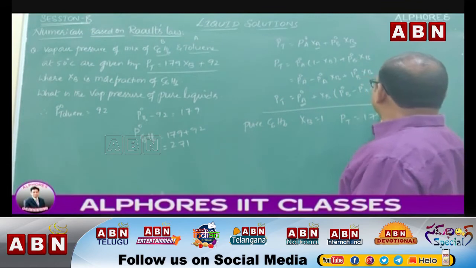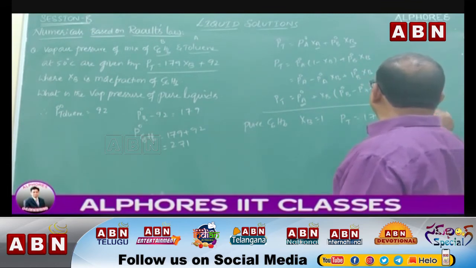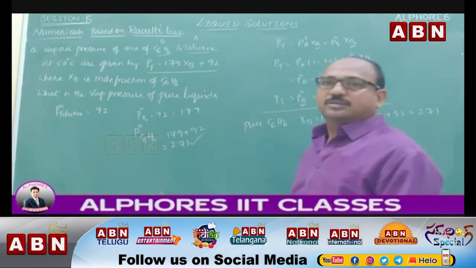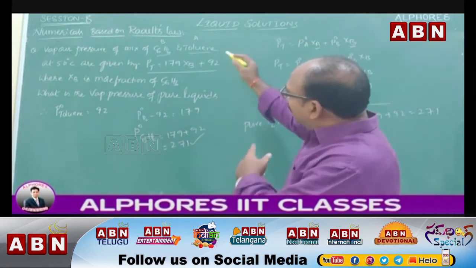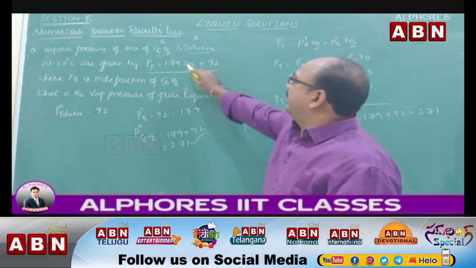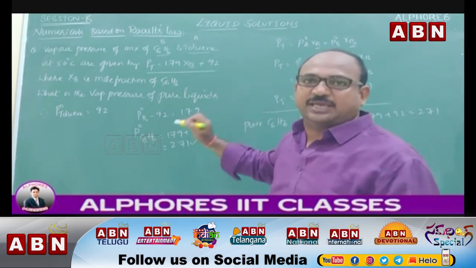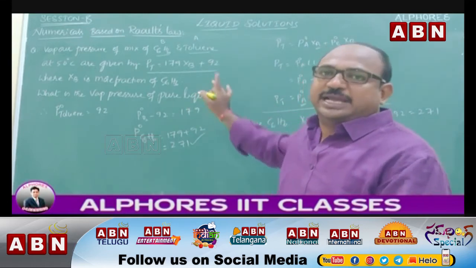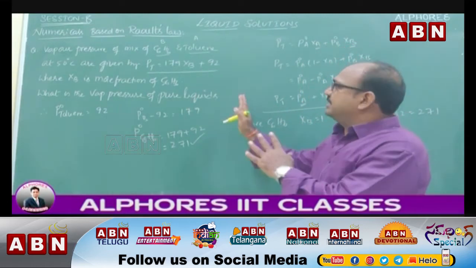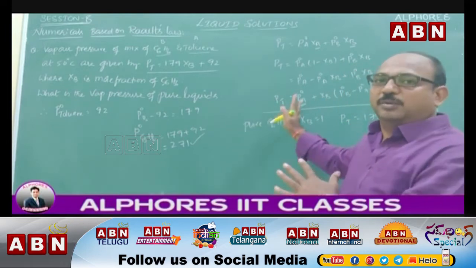So we get 179 plus 92, which is 271. That is what we got before. Similarly, for pure toluene, Xb is nothing but 1 minus Xa. If you know this, you can substitute and get the second answer also. This is a way of solving the problem.